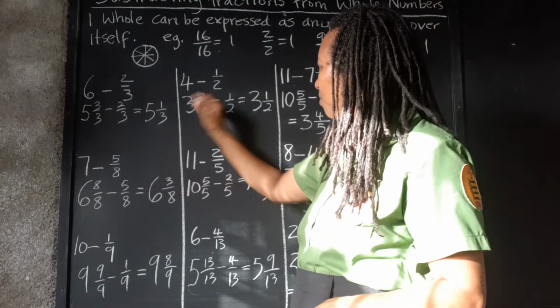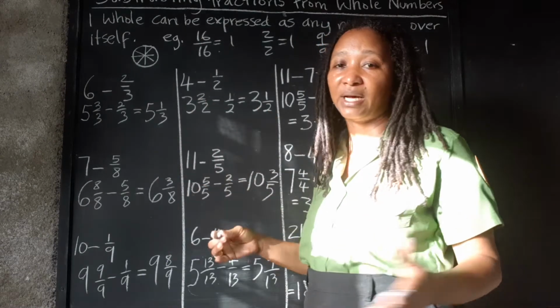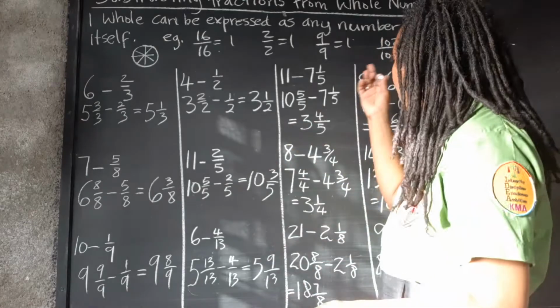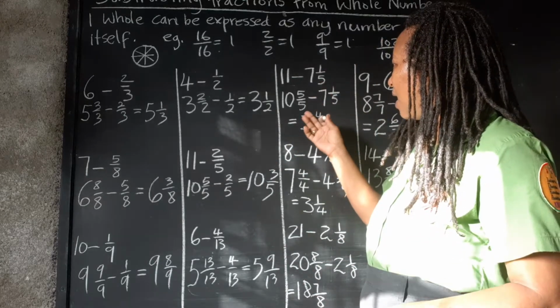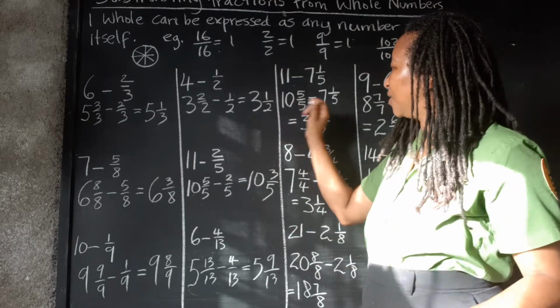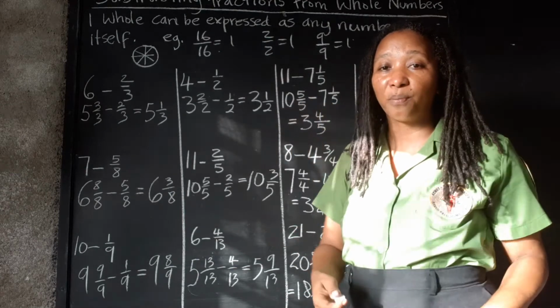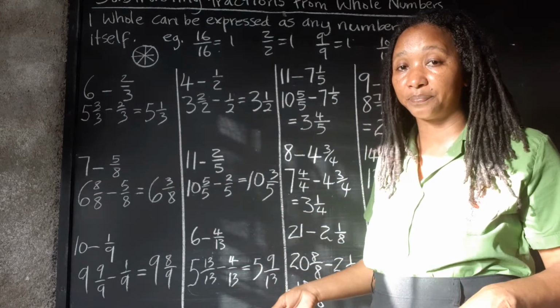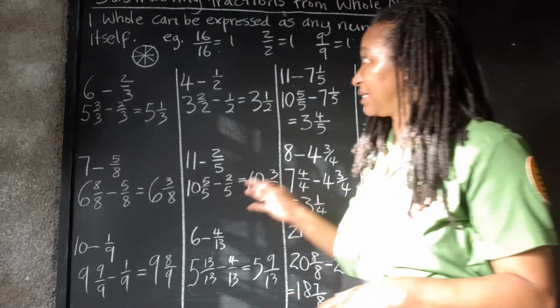Here you just carry the whole number part back over because you had nothing to take from it. When you're subtracting the mixed number, after you pull out the one whole and you have the fractions to deal with, you also have the whole numbers to subtract. That's the only difference, but the principle remains the same.